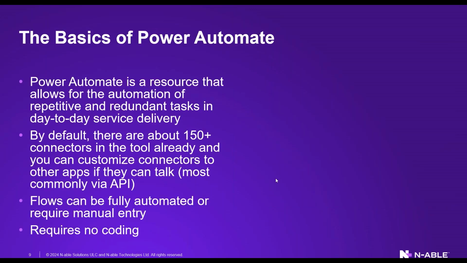So for those of you unfamiliar, a general overview of Power Automate. The easiest way I think to describe Power Automate is that it is a resource designed to allow for quick and simple automation of our repetitive and redundant tasks in day-to-day service delivery. This could be as simple as scheduling the send of a recurring predetermined message.